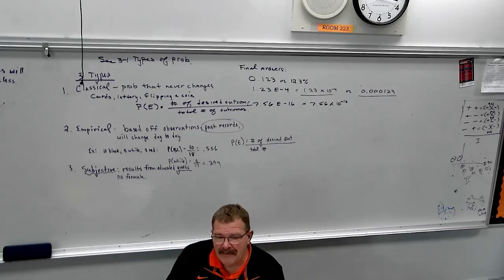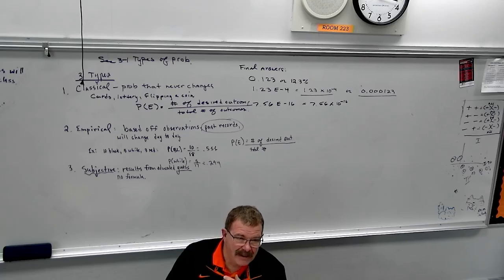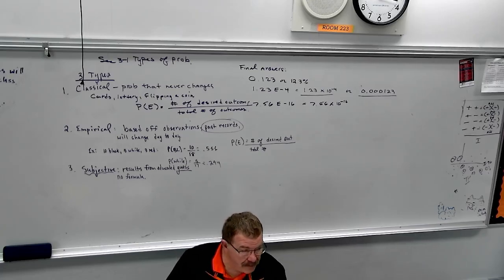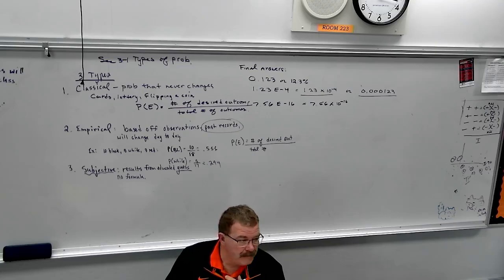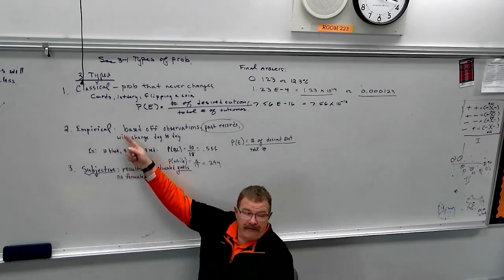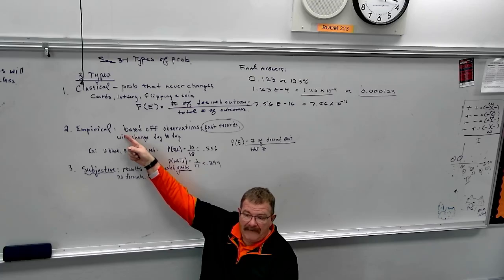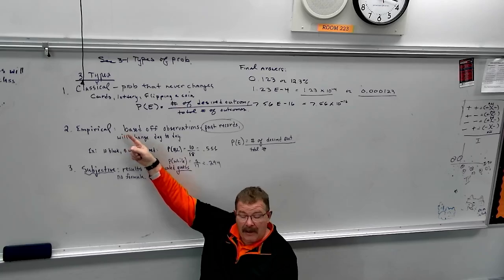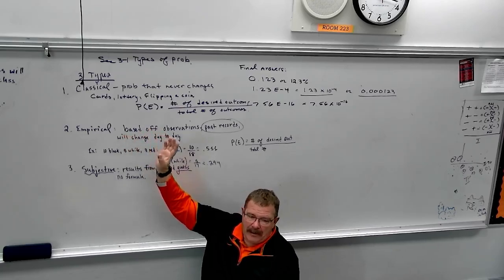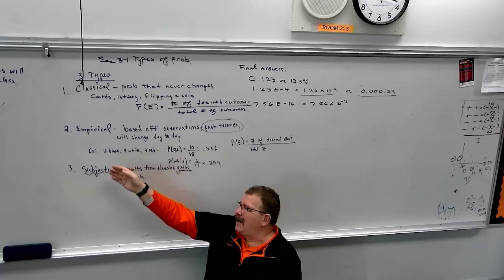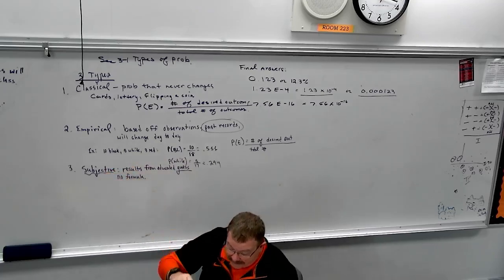I would lean that to be a little bit more subjective. Now, if I had a whole bunch of your test scores, and I know that on average you get around a 90%, could I make that prediction and maybe argue that it's empirical? Because based off of 20 previous test scores, this is what you get. But if it's only one test or something like that, I would lean a little bit more subjective.